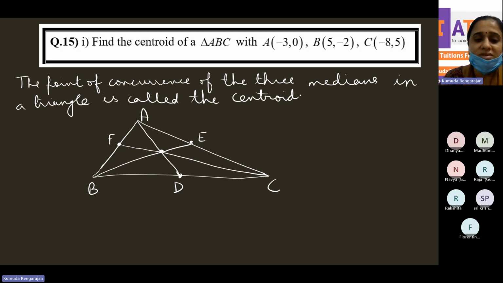That means they'll pass through the same point. In any triangle, the medians are concurrent. The point of concurrency is called the centroid, which is normally represented by the capital letter G.